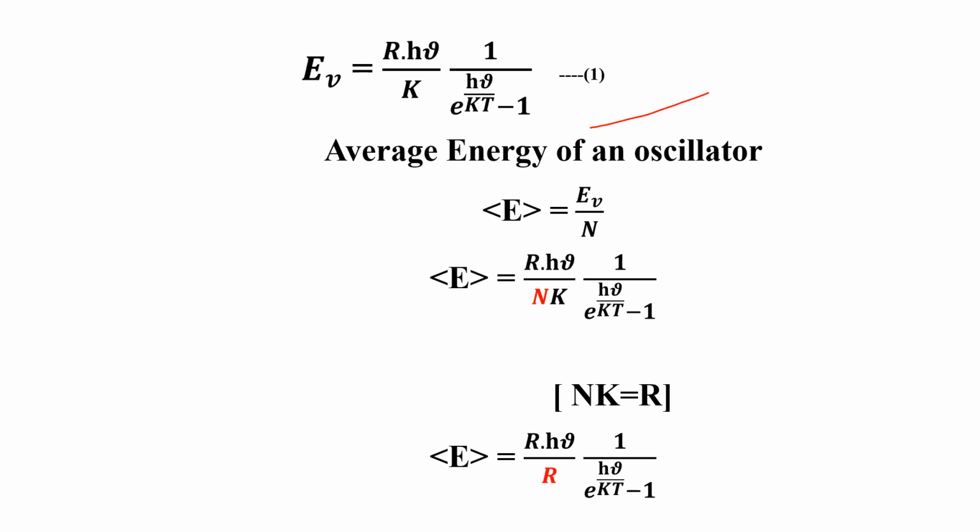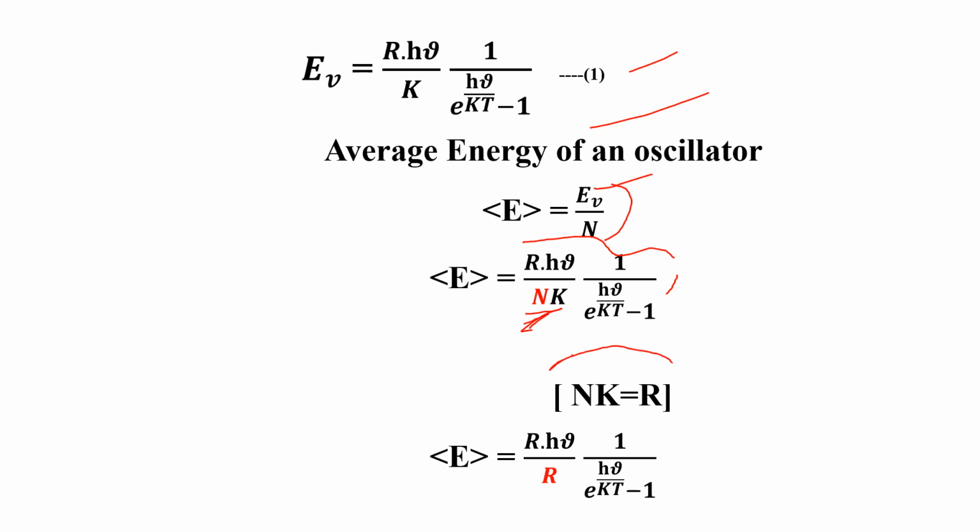Next, the average energy of an oscillator can be found using the formula: vibration energy divided by total number of molecules. Now you know the EV value from equation 1. We substitute that EV value, and there is an N value already present in the average energy of an oscillator, highlighted in this equation in red color.